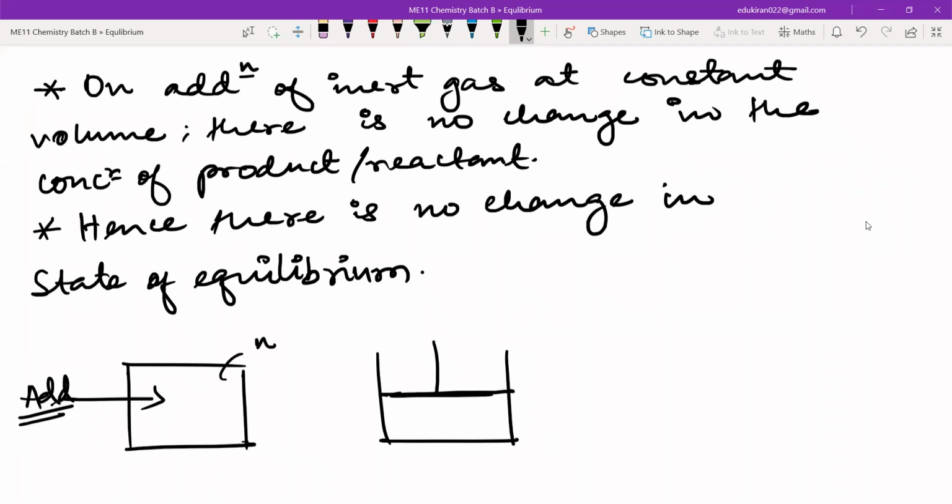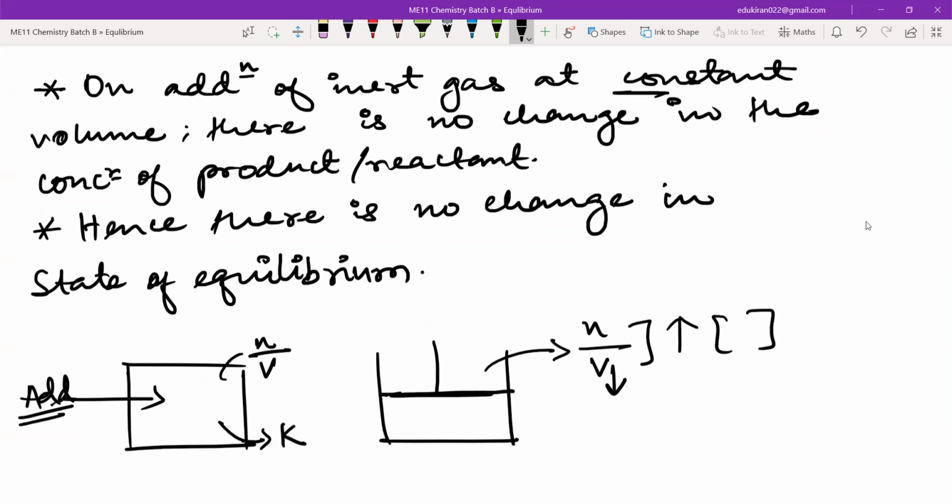Now in here, the number of moles is not changing because the inert gas is added. It is not going to react with anything. The number of moles of all gases will be the same, and at constant volume, the volume is also the same. That is why K will also be the same. But if we are increasing the pressure, the volume is going to decrease. The number of moles will be the same, but this leads to an increase in concentration.